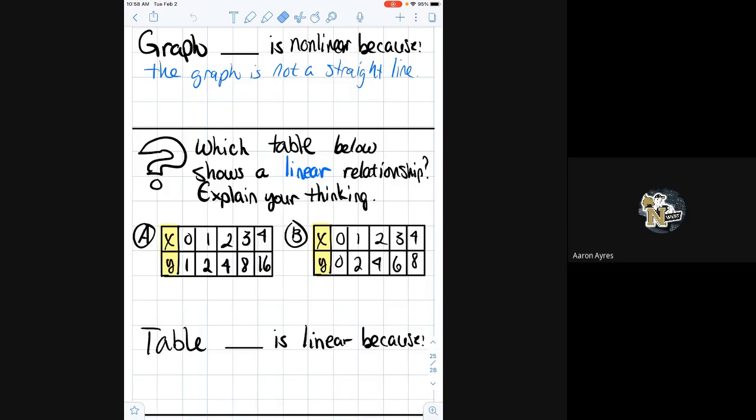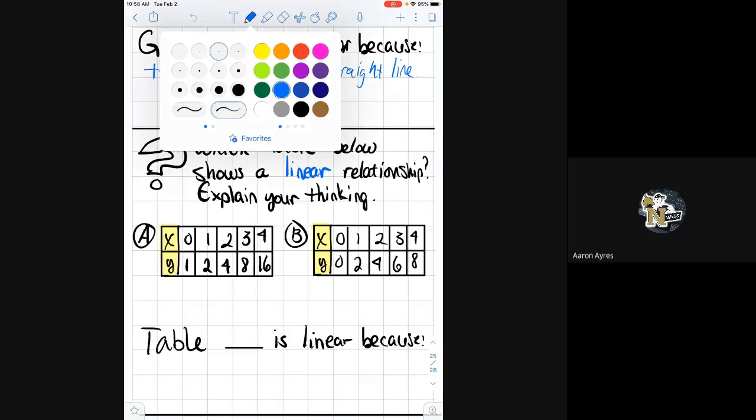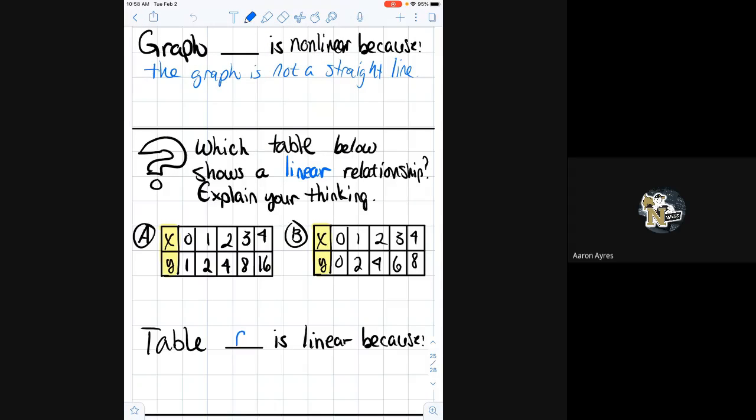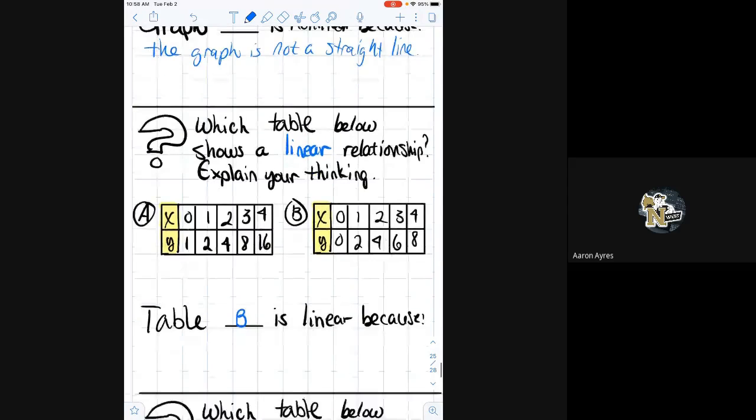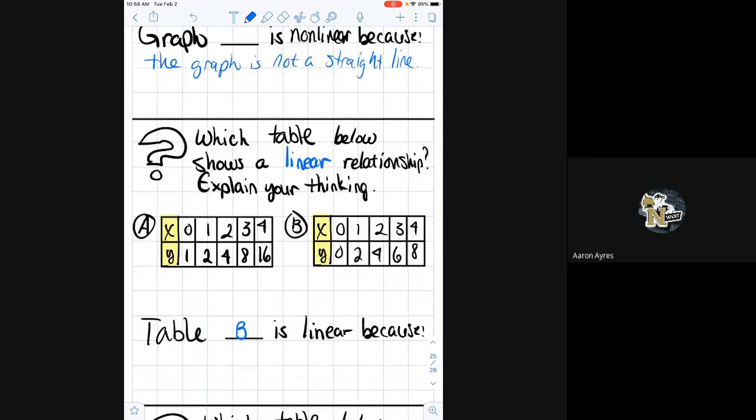Okay, so we're going to say that table B is the linear one. And the reason why we're going to do that is you're adding 2 there, 2 there, 2 there, and 2 there, 1 there, 1 there, 1 there, and 1 there.